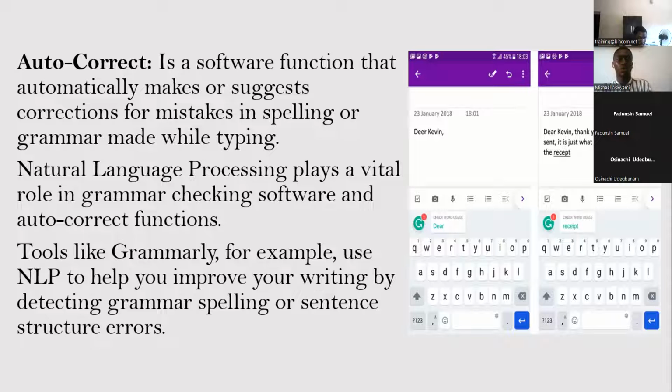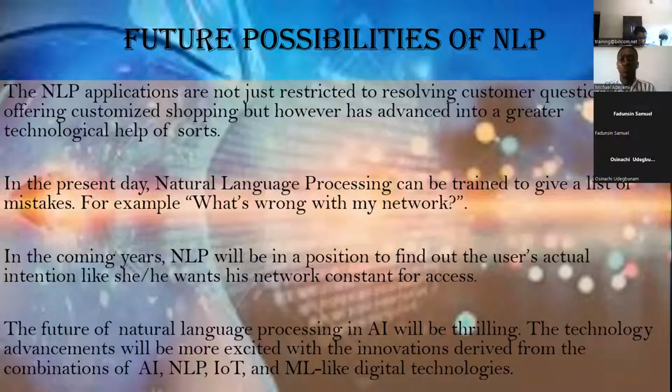We also have some future possibilities of NLP. The NLP applications are not just restricted to resolving customer questions or offering customized shopping, but have advanced into greater technological help of sorts.